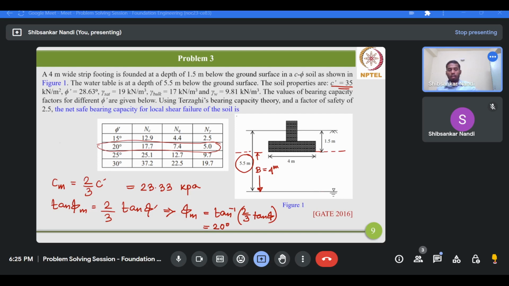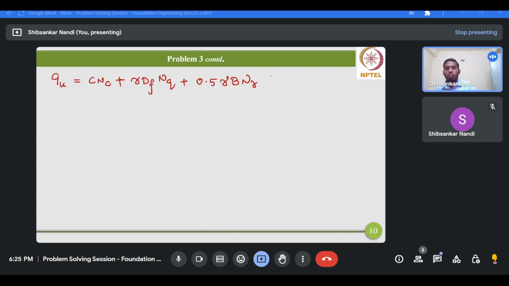Now, corresponding to local shear failure, this expression will be modified slightly in this fashion: Cm Nc prime, then gamma Df Nq prime, and N gamma prime. Now what are Nc prime, Nq prime, and N gamma prime?